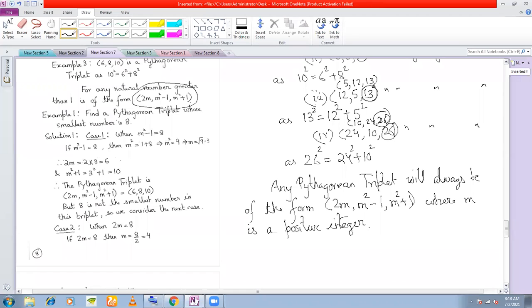Okay. So remember this, any Pythagorean triplet will be of the form 2m, m square minus 1, m square plus 1.